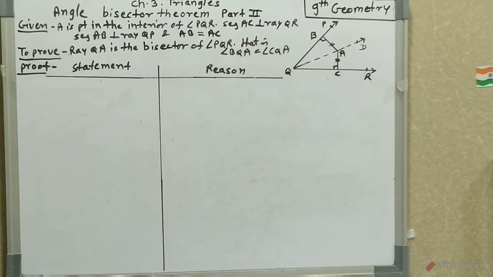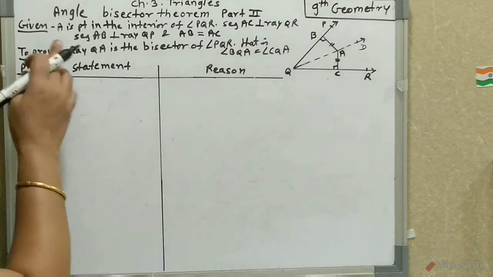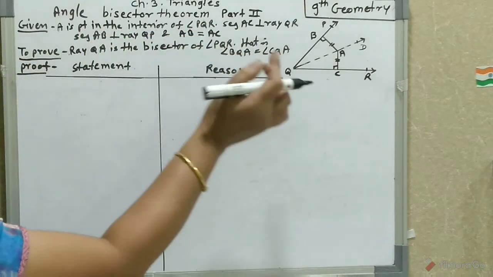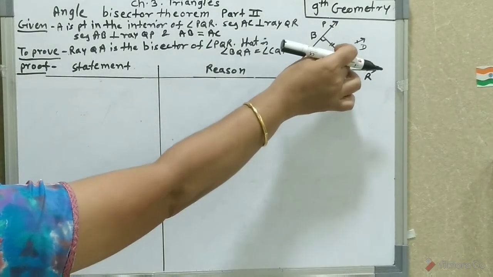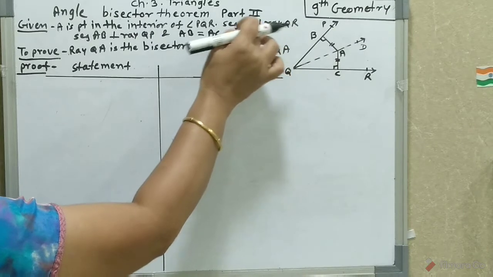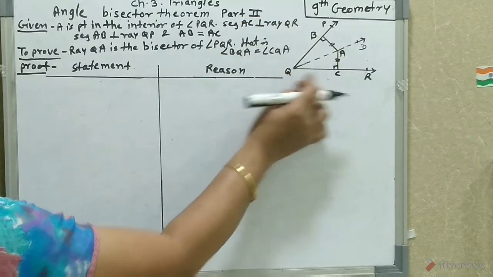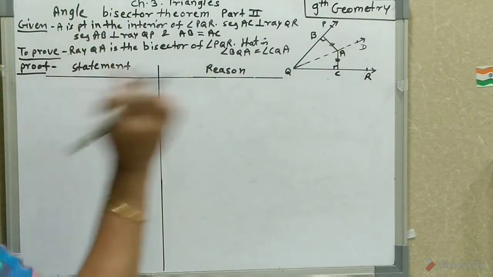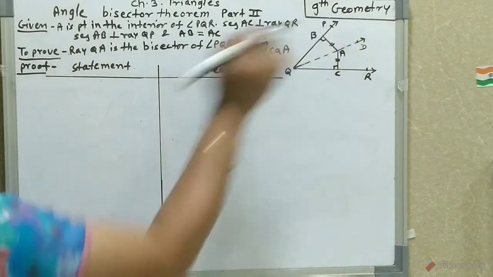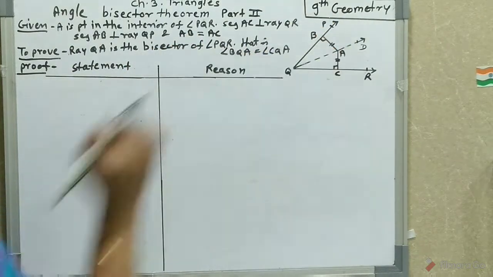See the angle bisector theorem part 2. What is the statement? Any point equidistant from the sides of an angle is on the bisector of the angle. This is the reverse of part 1. What is the given? A is a point in the interior of angle PQR. Then segment AC is perpendicular to ray QR and segment AB is perpendicular to ray QP, that is, AB equals AC.